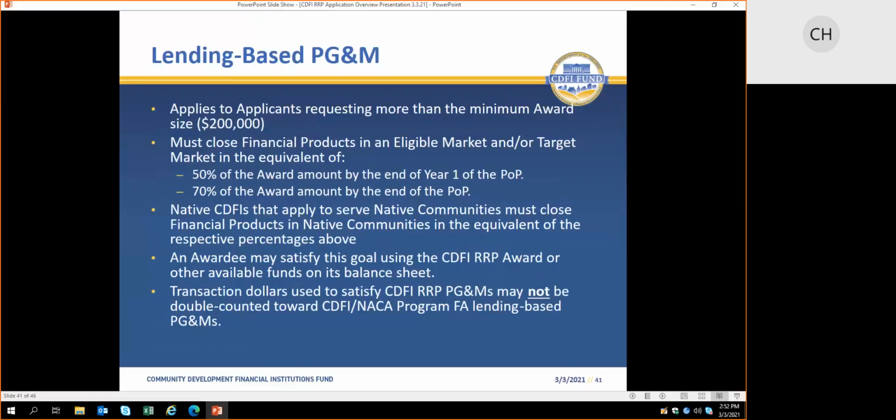So the bulk of those are base FA PG&Ms. And that's similar to how our supplemental awards and FA will work, in which you cannot double count a transaction close to support an RRP award for one of your base FA performance goals and measures.